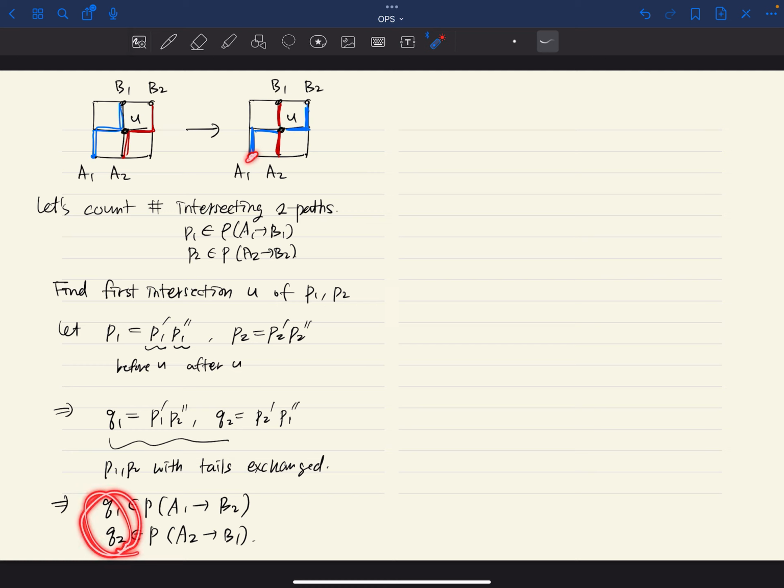If Q1 goes from A1 to B2, and Q2 goes from A2 to B1, they must always intersect, because you cannot really go around this. So any such Q1, Q2 intersect.